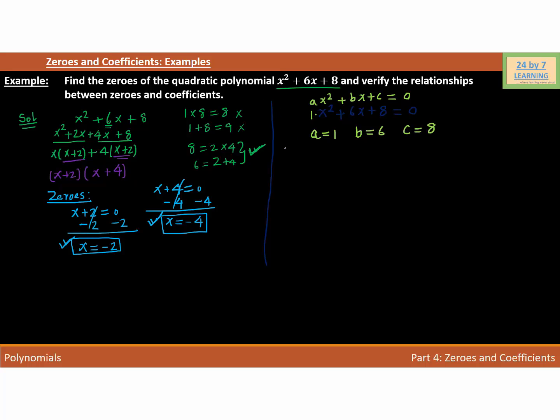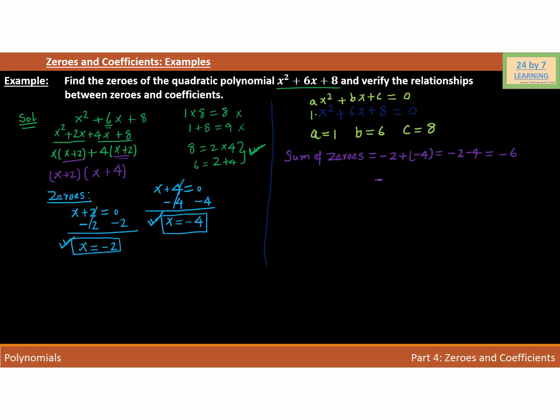Now if I want to find the relation with the coefficients of my quadratic polynomial, I will write the sum of zeros, which is -2 and -4 from here. So I will write -2 plus -4, and that is equal to -6.